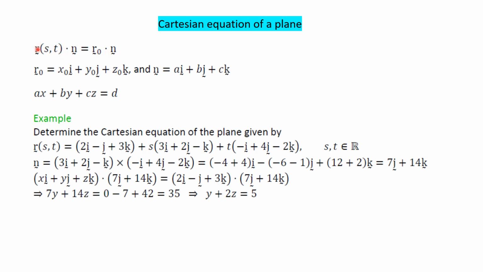Taking the dot product between r and n, you will get ax plus by plus cz. And then you take the dot product between r0 and n, it will give you a constant d.